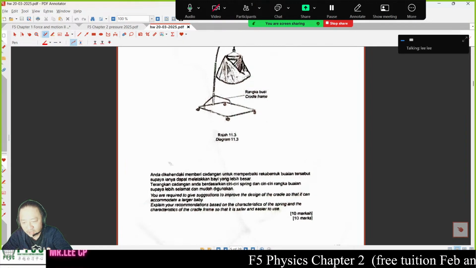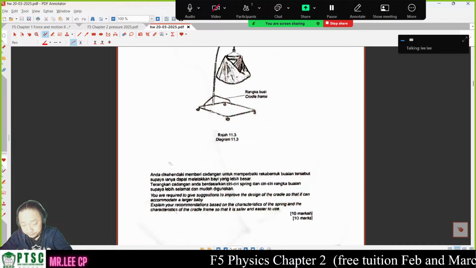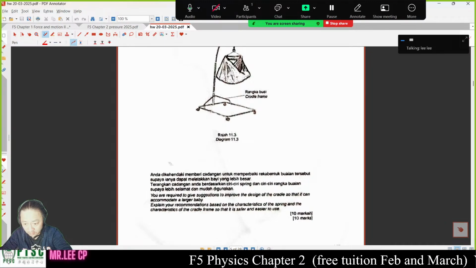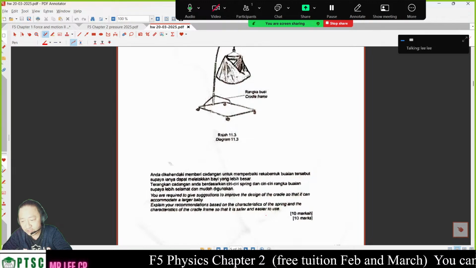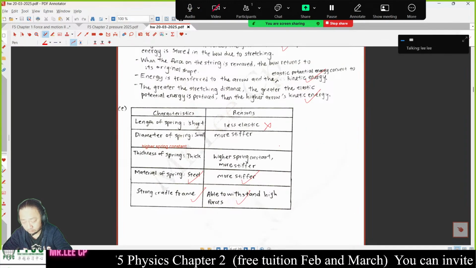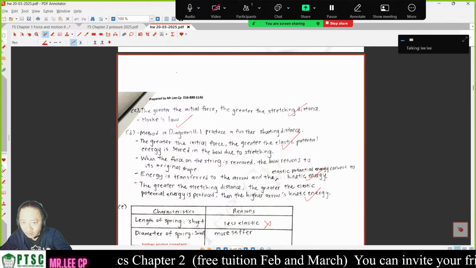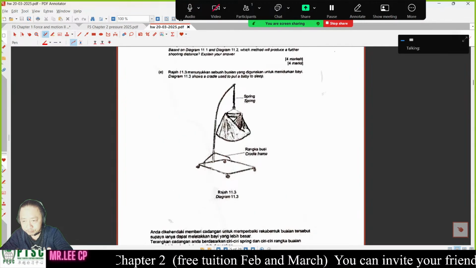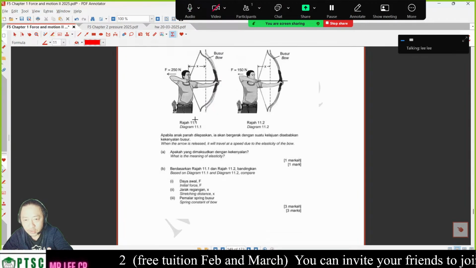Explain the recommendation based on the characteristic of the spring and the cradle frame so that it is safer and easier to use. So this one is quite little.